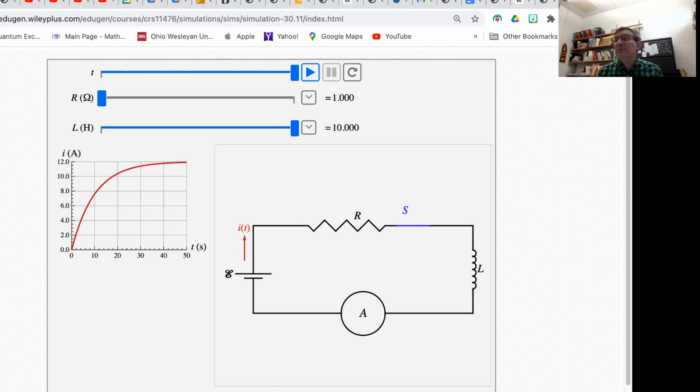Because I made L bigger, so I made the inductive time constant bigger. L over R is now 10 seconds. So it takes 10 seconds before we get to about 66% of our final current. So the more inductance the inductor has, the slower the current can change.